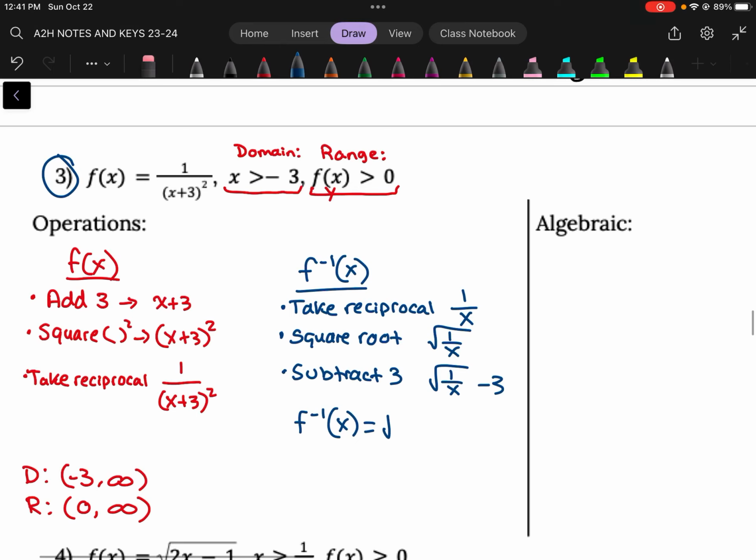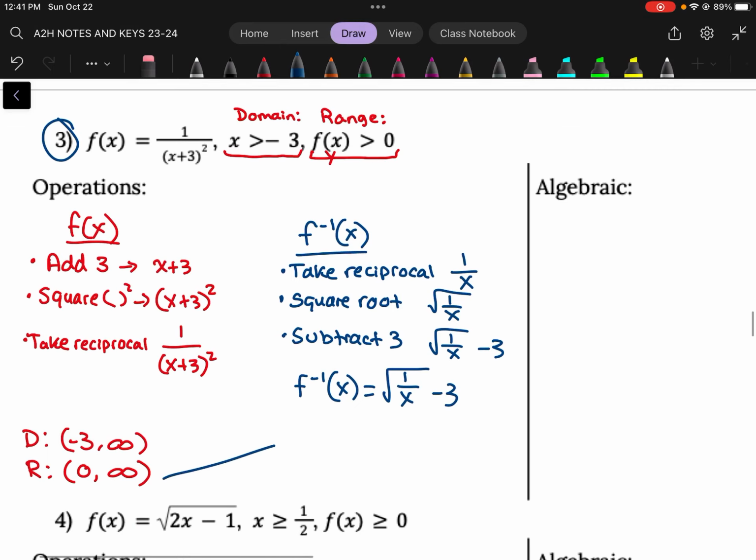Okay, but I must make sure that I include what the restriction is on this. Now we know this becomes the domain, so 0 to infinity, and we know that becomes the range, negative 3 to infinity.